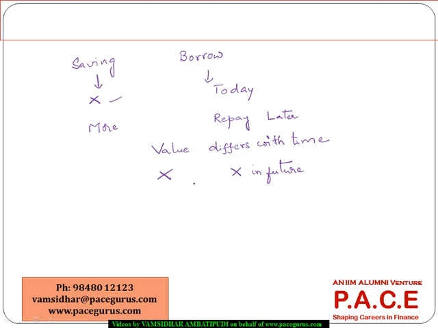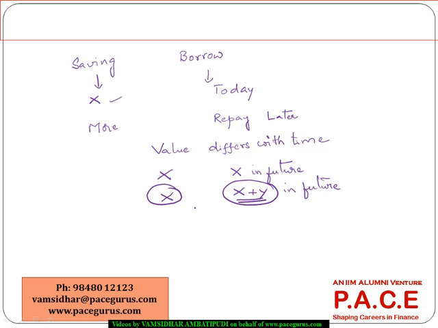The other way of looking at it is the X of today should be equivalent to X plus Y in future. So a larger amount received at a future date is equal to a slightly smaller amount as of today, right?